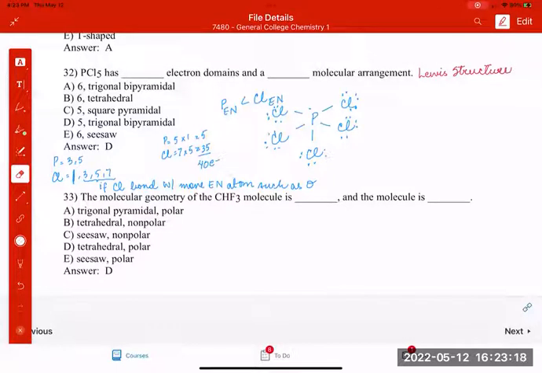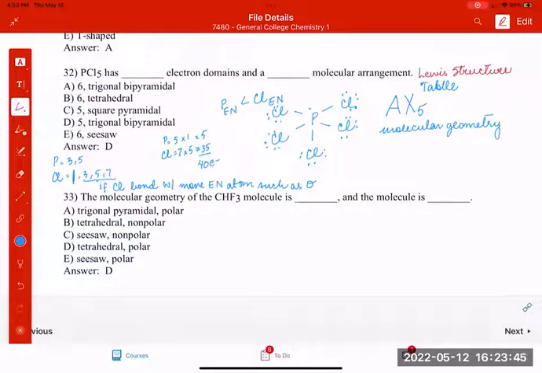And what is the molecular geometry? So it's back to your table from the Lewis structure table. And in that table, this is going to be AX5. So look at the molecular geometry and the electron group geometry.